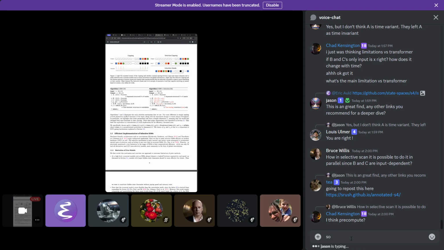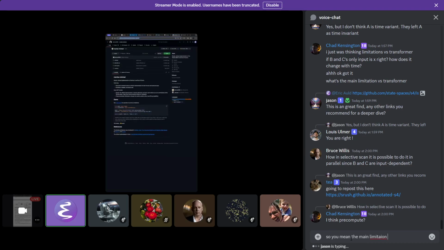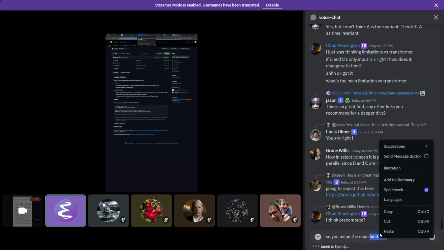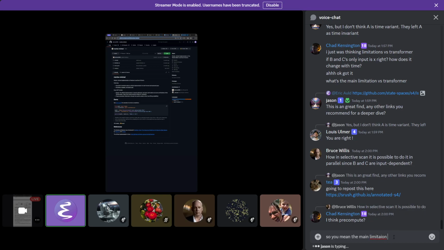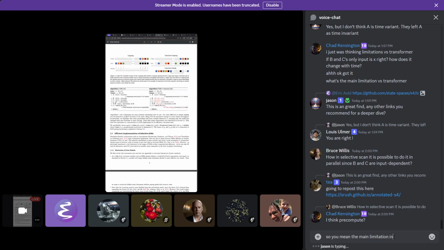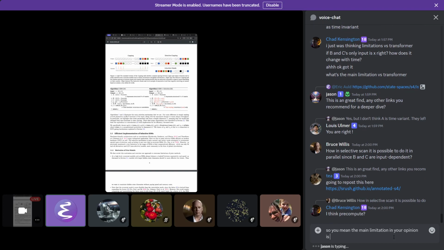of the training. Okay, so I definitely recommend the annotated S4 in terms of a deeper dive. I think this conversation with Albert Gu is a good place to start in terms of getting intuition. I recommend Mamba Minimal as a place to start understanding the code. And then in terms of the math, I have to admit that it's these papers.